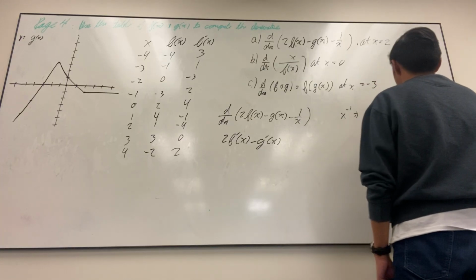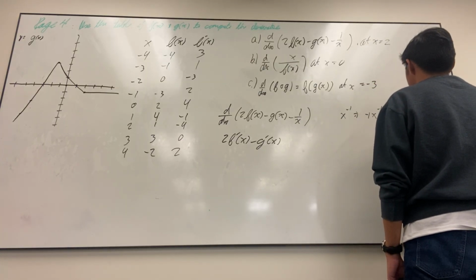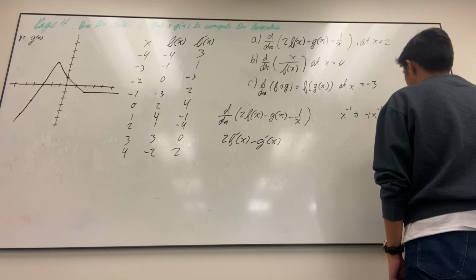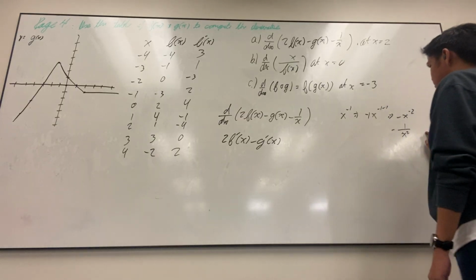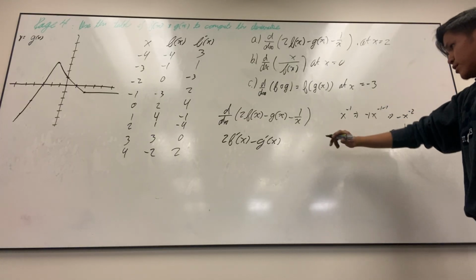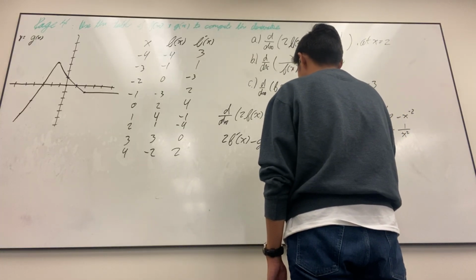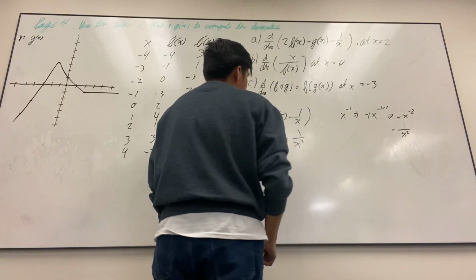You're going to have negative x to the negative 2. Rewrite that again. This is going to be 1 over x squared. So the derivative of negative 1 over x would be plus 1 over x squared. So this is negatives, turn that to positive.